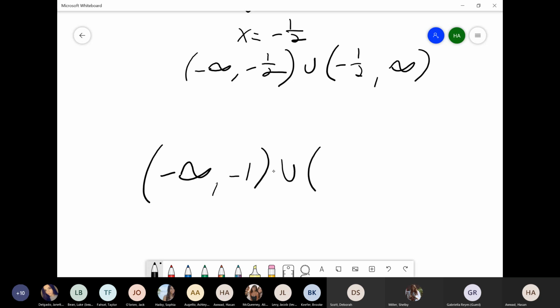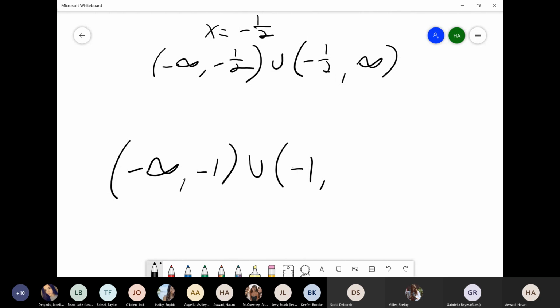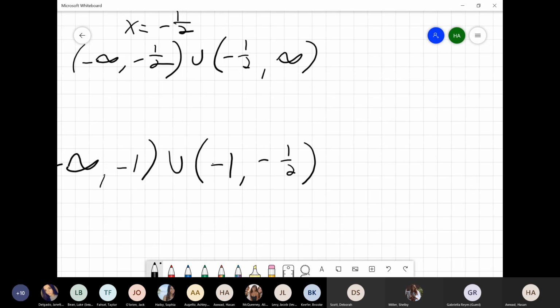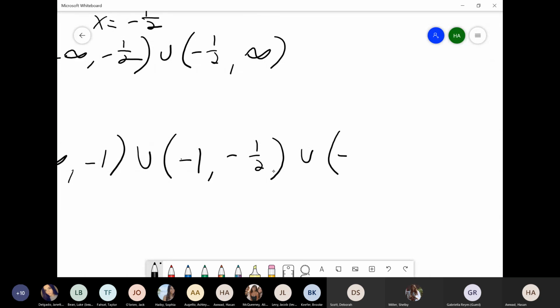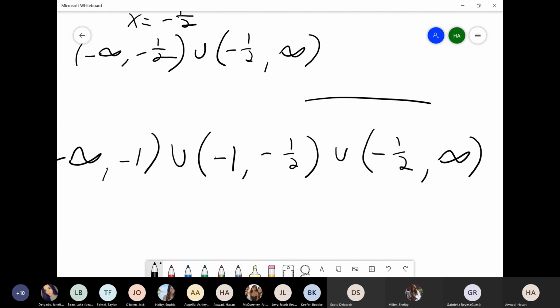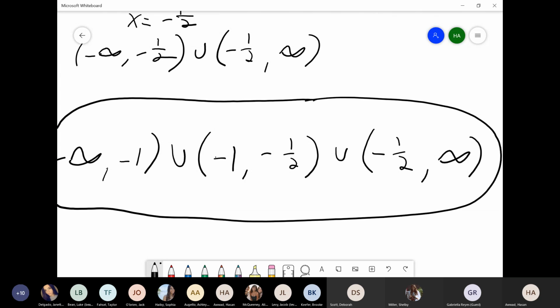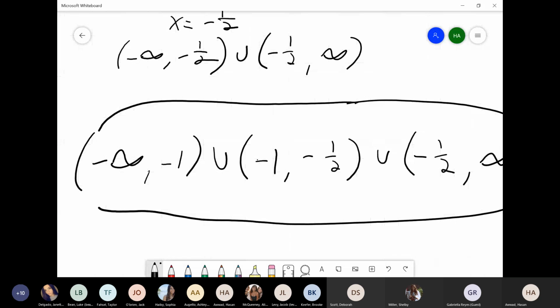So we put a parenthesis, we start our next interval, which starts again from -1 because we're not including it, parenthesis again, and then we go up until we hit -1/2. We do the same thing, right? We hit a number that we can't have in our domain, so we exclude it from our final domain. And now we go from -1/2 to infinity, and this is going to be your final solution, which I'll circle. There we go.